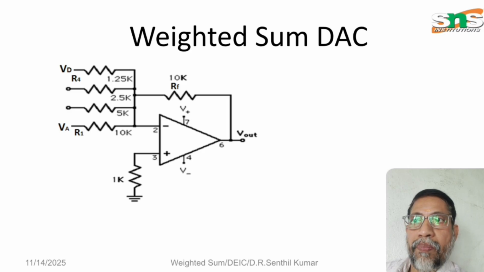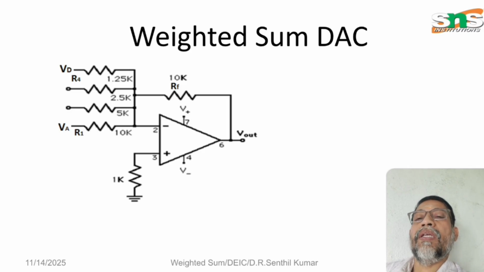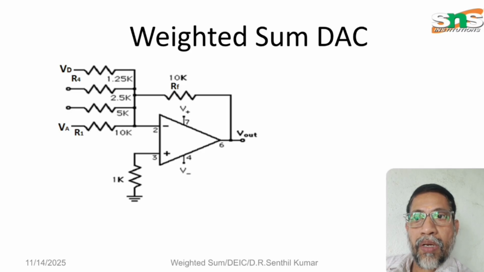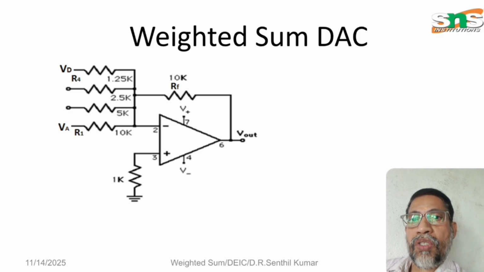There are 4 bits: VA, VB, VC, and VD. The 4 inputs are connected through resistors to the inverting input terminal. The negative, inverting input terminal is given to 4 resistors and 4 inputs, VA, VB, VC and VD.